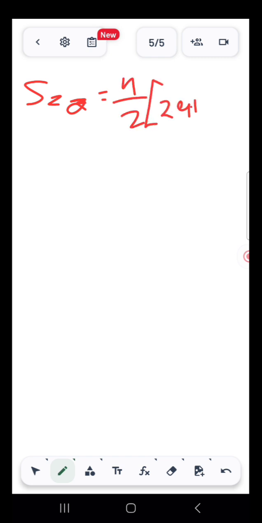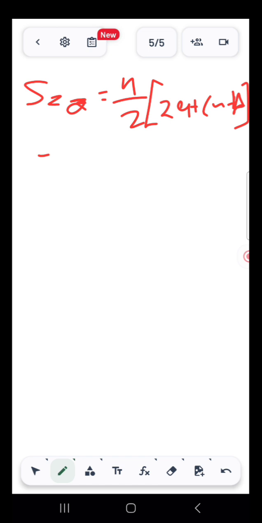One thing for sure is we have the sum of 22 terms of the arithmetic sequence, and we know the formula is n over 2 open bracket 2a plus n minus 1 close bracket d.